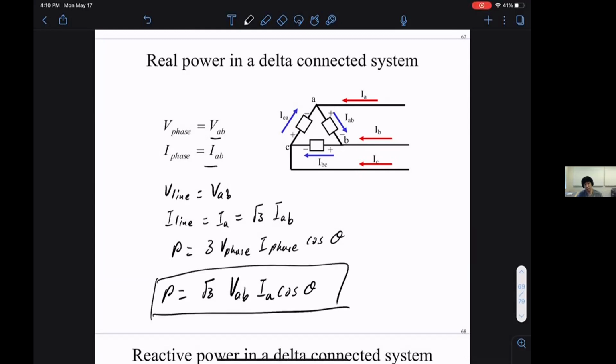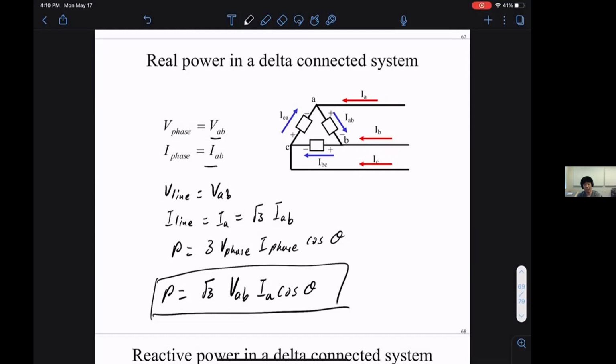This is the equation we want at the end of the day: power is √3 times the line-to-line voltage times the line current. Most of the time we write power in terms of the line-to-line voltage and the line current, so there is always a factor of √3 in front.